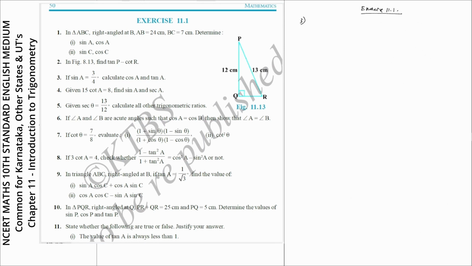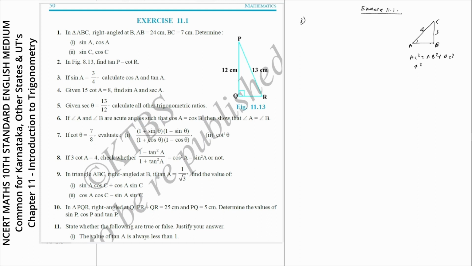Question number 3. If sin A is equal to 3 by 4, calculate cos A and tan A. So sin A is 3 by 4. So A, B, C. Sin means opposite by hypotenuse, that is 3, this is 4. Now what is AB here? AC square is equal to AB square plus BC square.